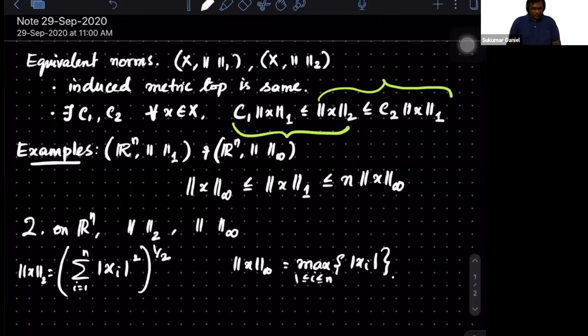What is the direct comparison? Xi, if I consider 1. So each of the xi has to be less than or equal to this maximum. So I can replace the inner things by the maximum of xi, or the infinite norm of that. And so the squares of that, such things are n. So n times such squares. And then I have to take the square root. So it would be the square root of n into this norm. Are you able to follow this inequality now, what I said?